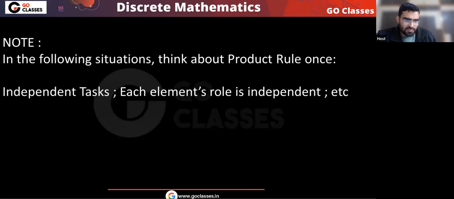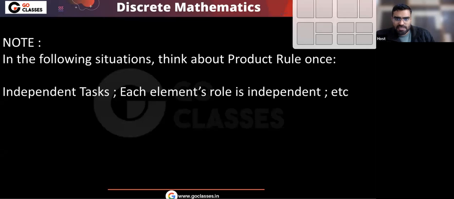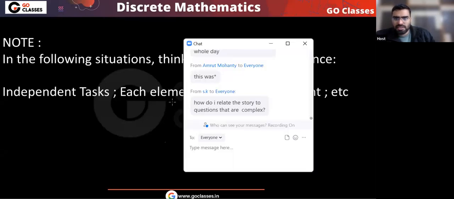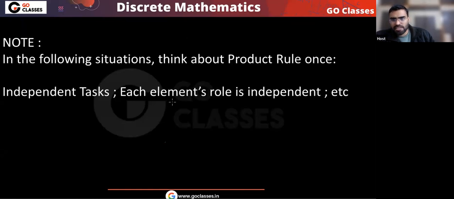We will take questions and do a lot of variations and practice. This will come by practice. See, all things cannot be taught; some things come by practice. If you practice a lot, maybe 10-20 questions, then you can very easily complete it.